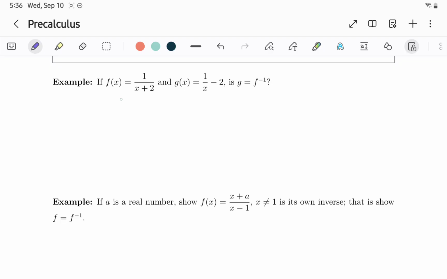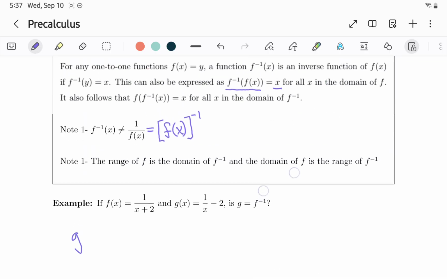So in our first of these examples, it wants us to let f of x equal 1 over x plus 2 and g of x equal 1 over x, and then minus 2. And it wants us to check and see if g is equal to f inverse. So again, we are just going to check the composition here.